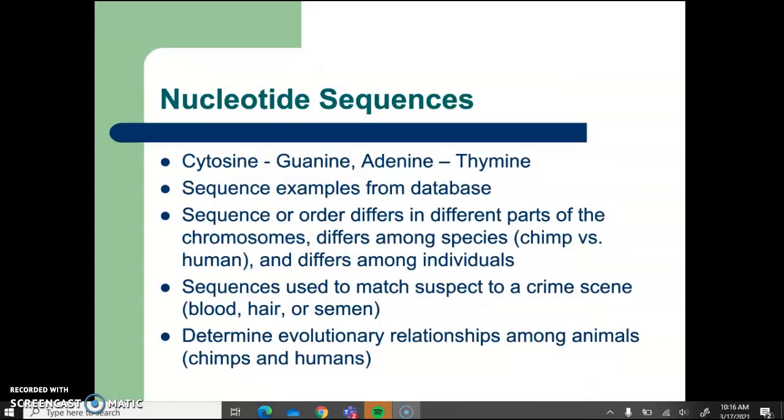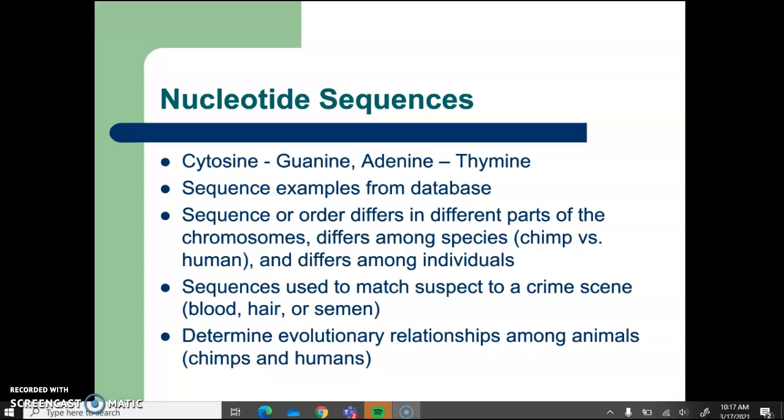So we've already said that cytosine always pairs with guanine and adenine always pairs with thymine. And it's basically the sequence of these letters, these bases, that are going to determine what the DNA is going to do, how the proteins are going to be built, and it's also how we are similar as species with other types of organisms.